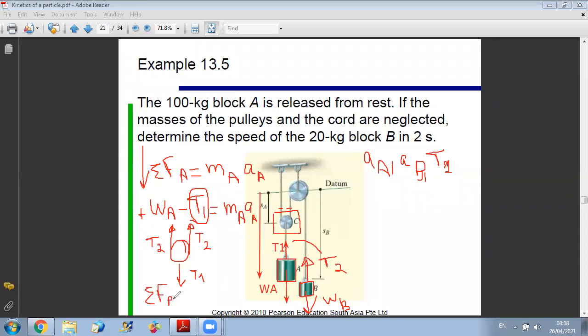So we have 2T2 minus T1 equals to 0. And this is a relation, a third equation. Okay? So this is equation 3.